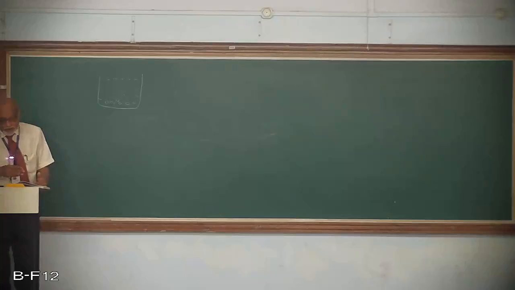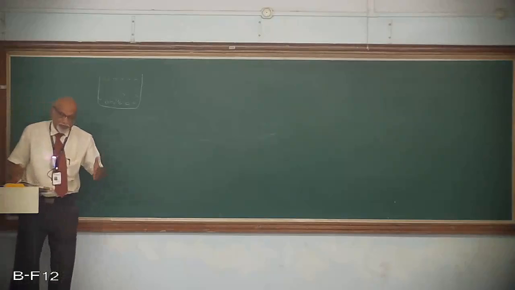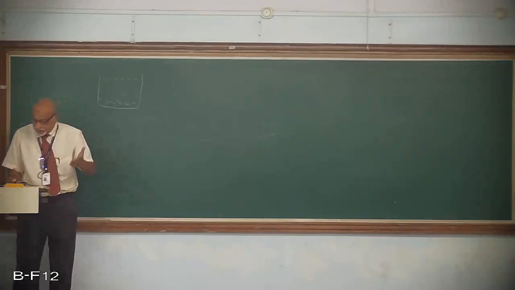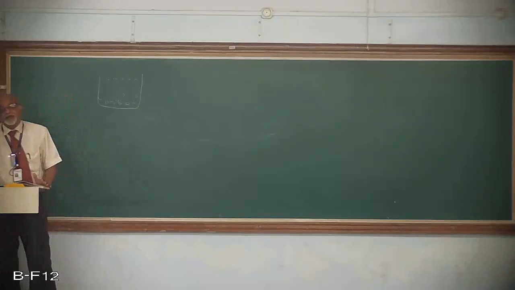Next is to determine the quality of the outgoing product. Now the process is over, so it should reach the customer. There also we are going to apply this acceptance sampling. These are the three uses of acceptance sampling.